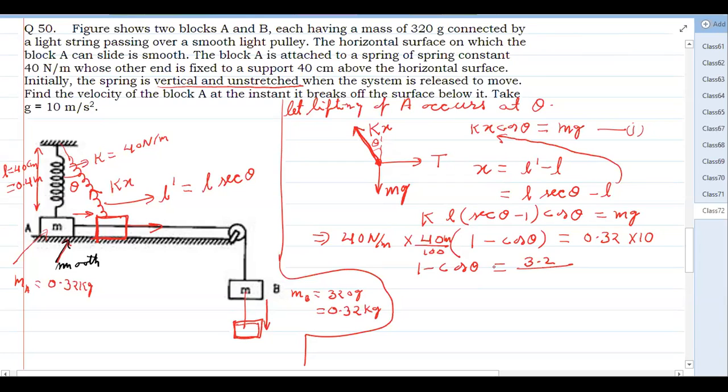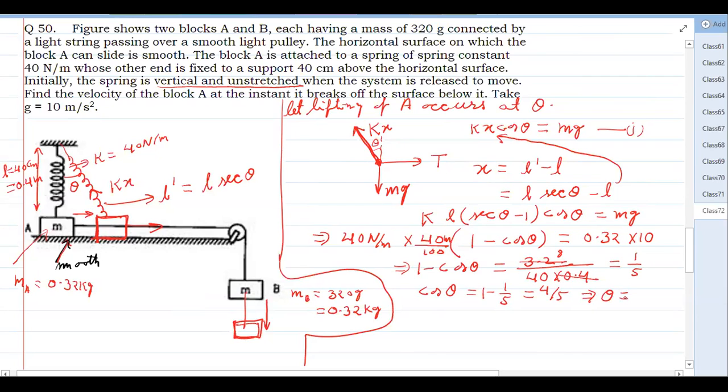So 3.2 by 40 times 0.4, that is 3.2 by 16... so 8 by 40, so 1 by 5. So cos theta we are getting as 1 minus 1 by 5, that is 4 by 5. Okay, so cos theta is 4 by 5. So how much is theta?